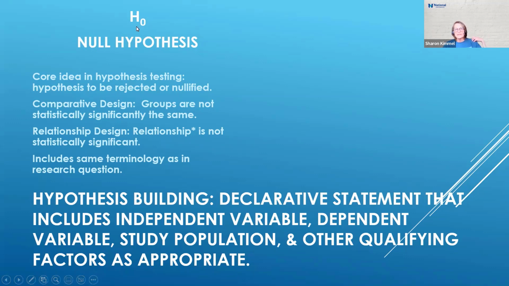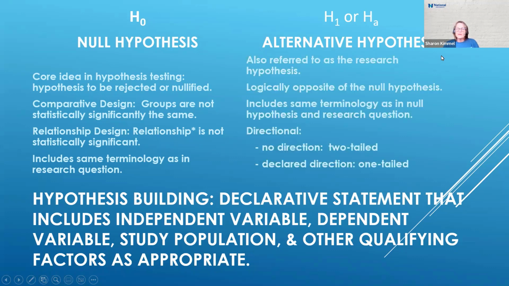You have a set for each research question, and you will have an alternative hypothesis. The alternative hypothesis is denoted either as H sub 1, or some statisticians will do H sub A. The alternative hypothesis is the exact logical opposite of the null hypothesis.